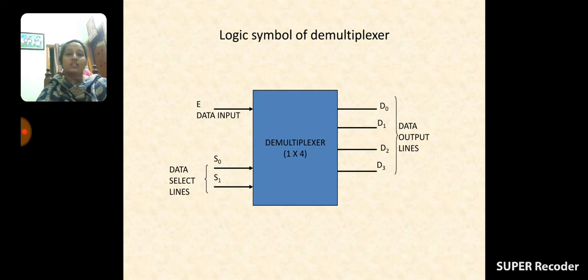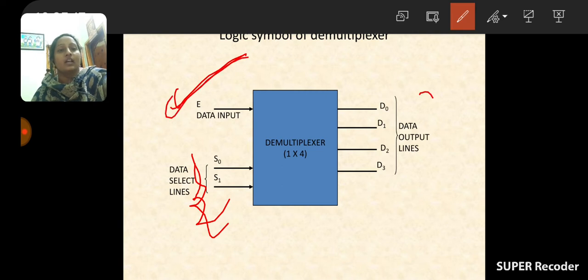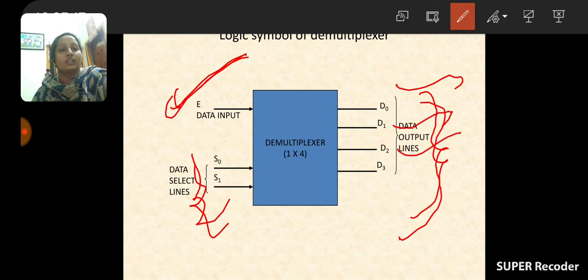How can this input be transferred? With the help of two selecting lines S0 and S1. These two lines are data selection lines, this is called the enable line or data input line, and these are called data output lines D0, D1, D2, D3.